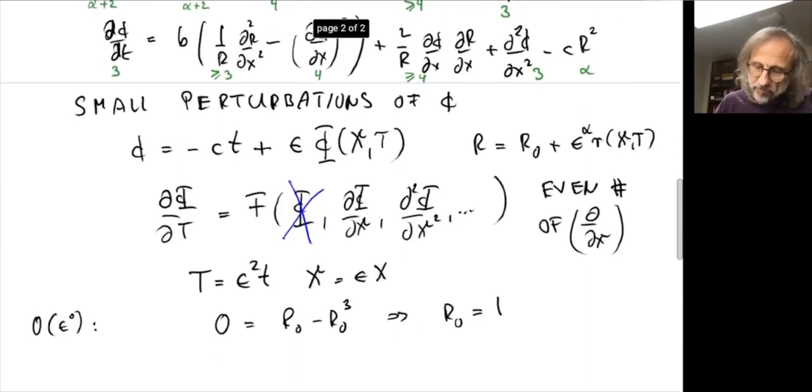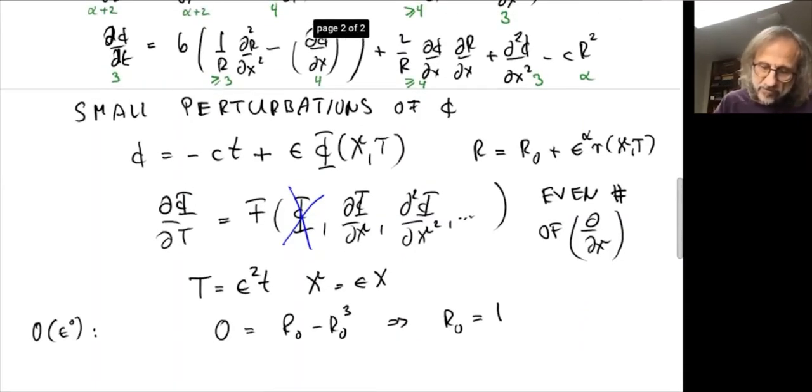And then the first term that really shows up is order epsilon cubed. So let's pick alpha equals epsilon cubed. There's no need to use a smaller one. So let's say alpha equals 3. And then we get the following equation.